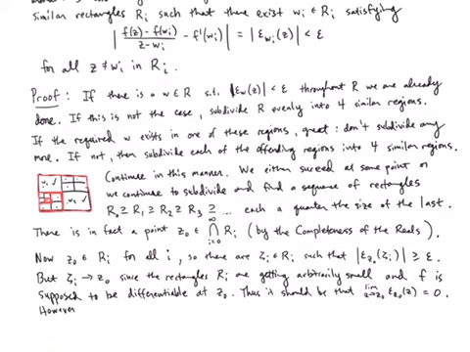However, the limit as zeta_i goes to z naught of the absolute value of epsilon(z naught, zeta_i) is not equal to 0, since epsilon(z naught, zeta_i) is bigger than or equal to epsilon in absolute value.